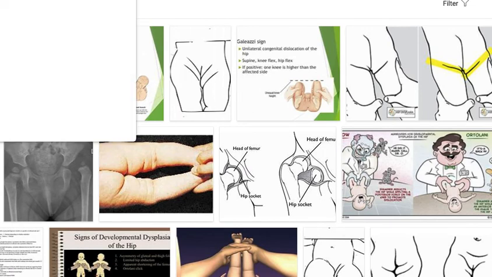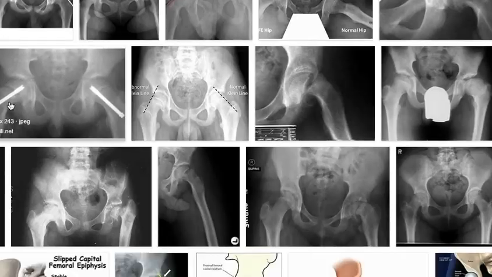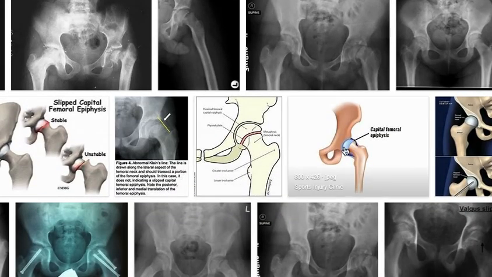Slipped capital femoral epiphysis. Look, this is basically what's going on. This is the stable SCFE, this is the unstable SCFE, and the X-ray I'm showing you is the unstable one, because this one is completely displaced, right? Understand? The concept is easy, right?